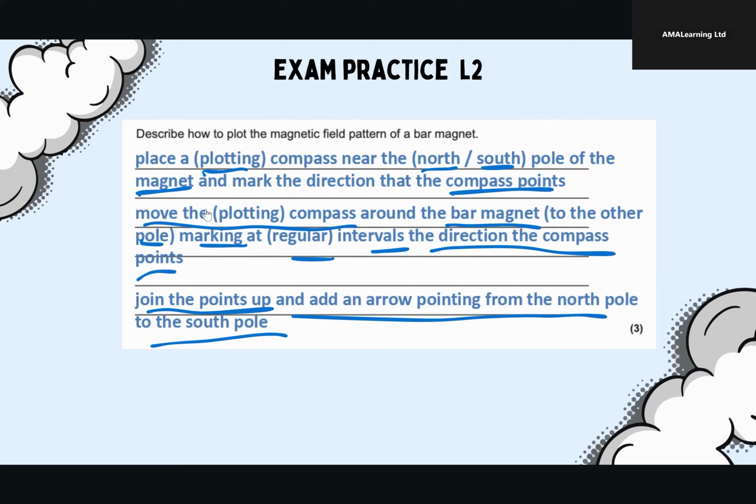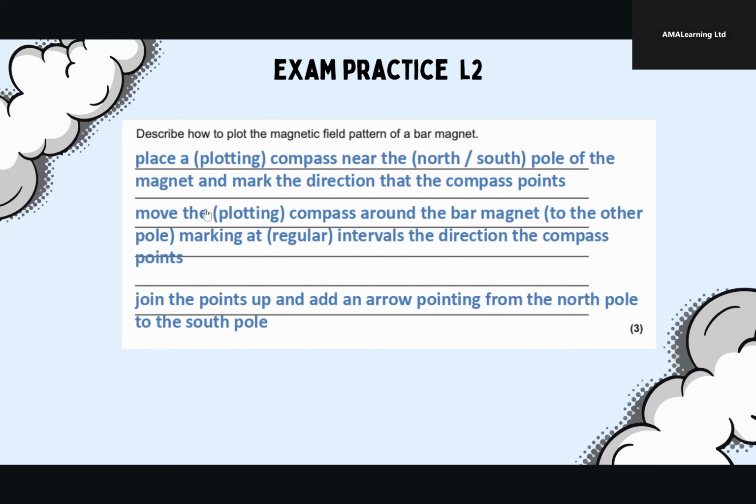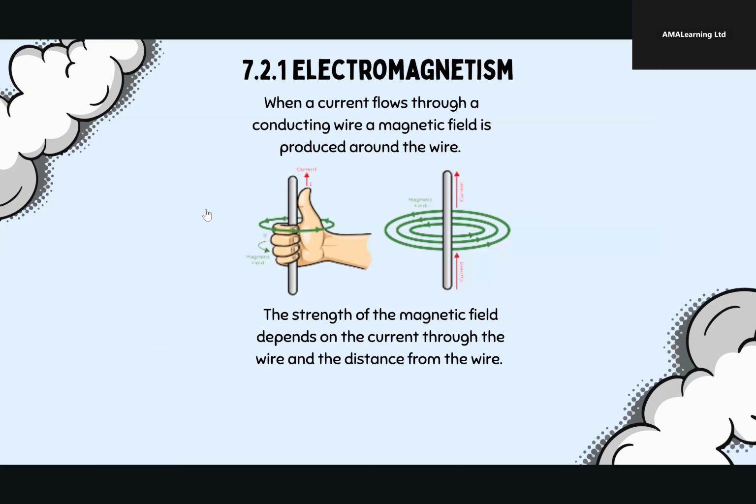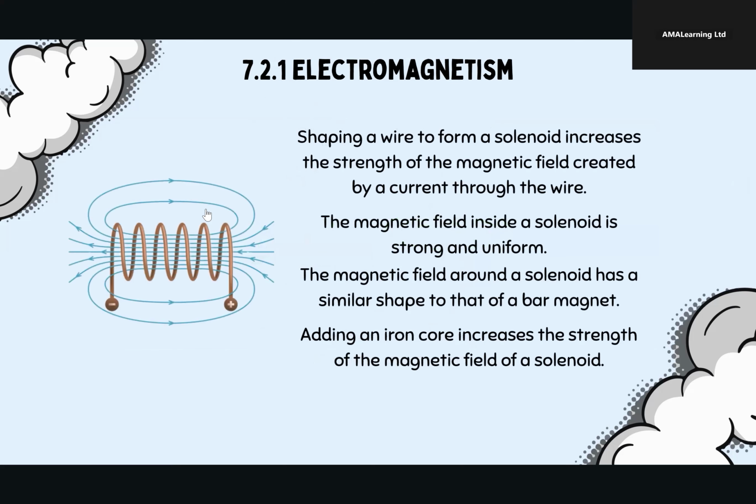Okay, now we get to the fun part of this topic. So I'll read out what it says, but then I'll explain it in my own words. So when a current flows through a conducting wire, a magnetic field is produced around the wire. The strength of the magnetic field depends on the current through the wire and the distance from the wire.